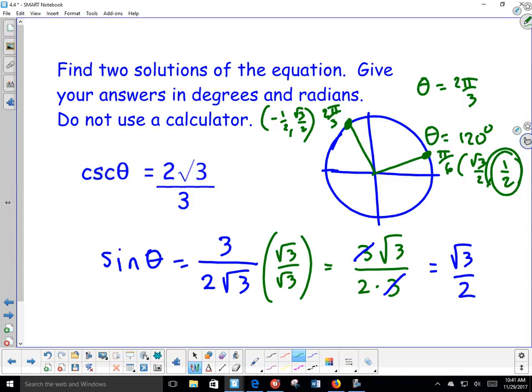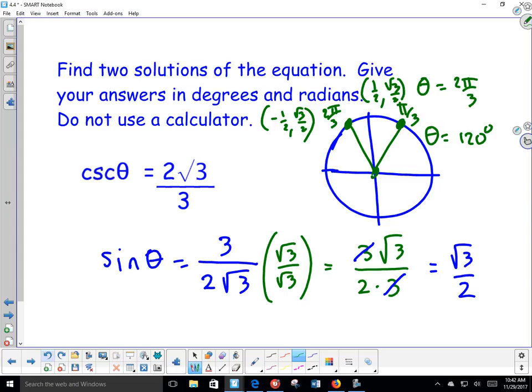You want pi over 3 instead? Yeah. So pi over 3 is right here, and that ordered pair is 1/2, comma, square root of 3 over 2. So I think we do like 2 pi over 3, and we like pi over 3 as another solution. And we like 120 degrees or 60 degrees as our other. So we gave two solutions in degree mode and the same two in radian measure.